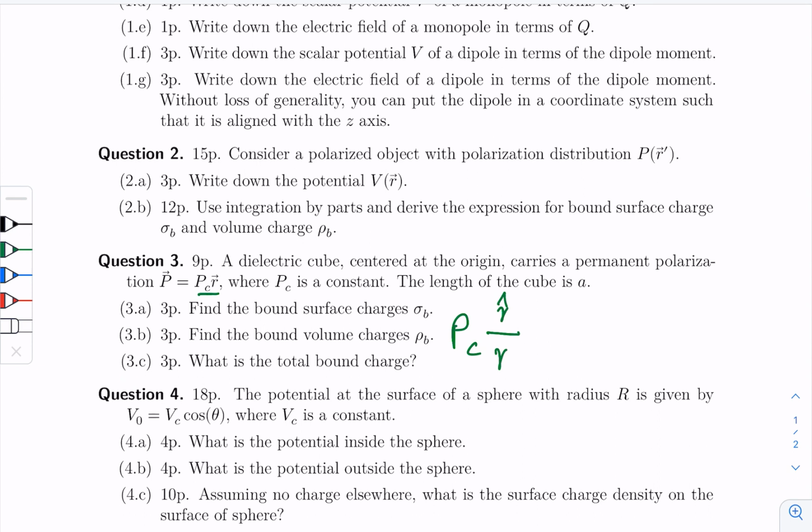And some of you got the bound surface and volume charge correctly, but somehow when doing the integral, the total bound charge is not zero, and you are supposed to check your answers to see if they are physical or not.